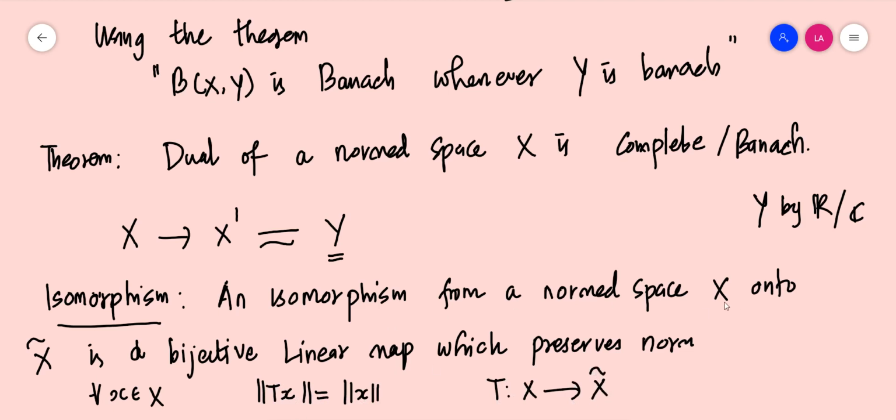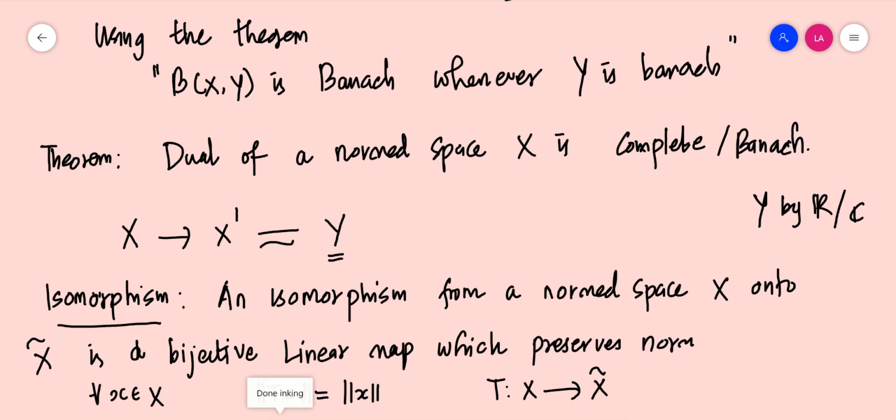So, two spaces X and X tilde are said to be isomorphic if there exists an isomorphism from X to X tilde, which is a bijective linear map T from X to X tilde which preserves norm. That is, the norm of the image of every element should be equal to the norm of the element.